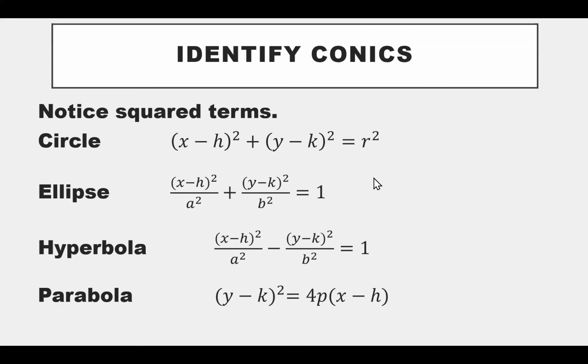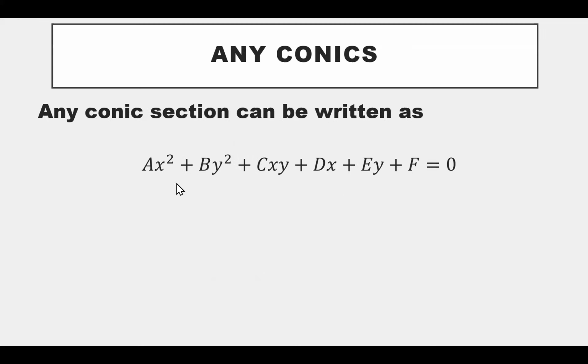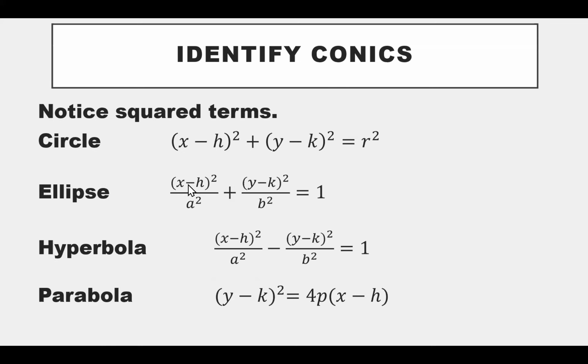Now, the key to identifying conics, if they're written in this form or something like it, is to focus on the squared terms. Notice that the circle here has x minus h quantity squared. When I square that, I'll get x squared plus some other terms involving x and a constant.